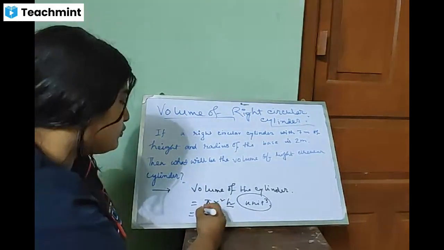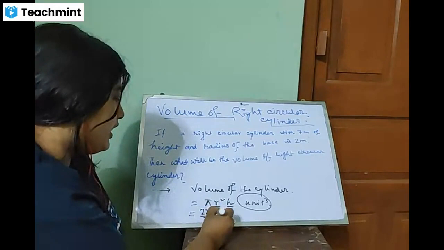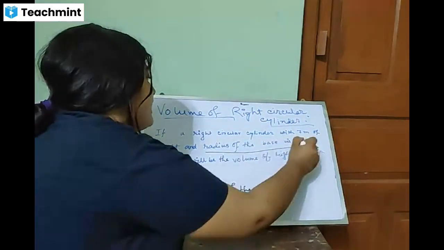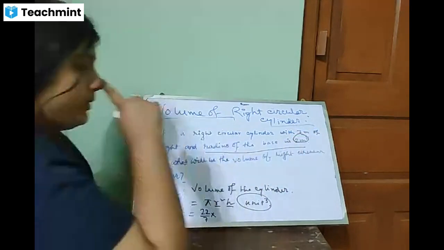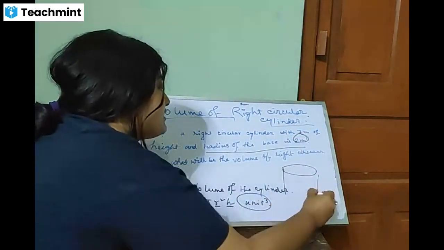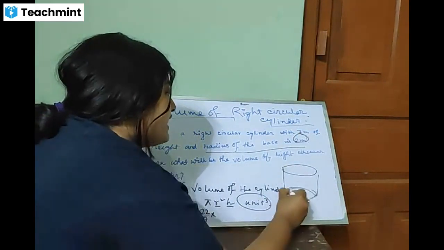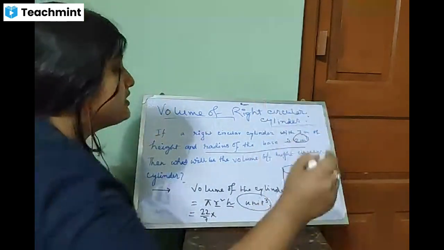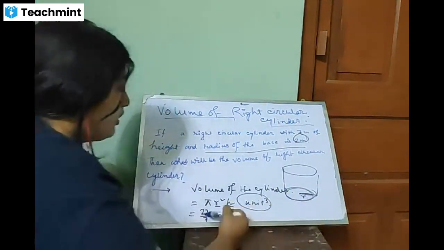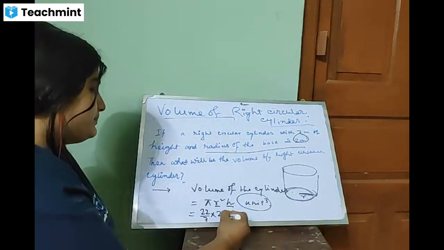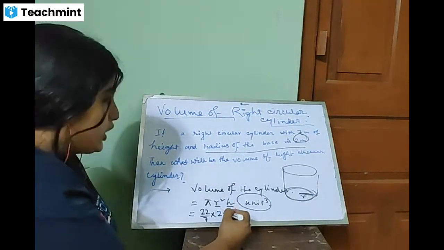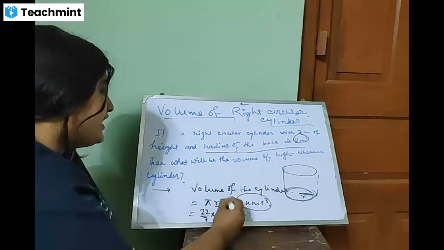Here we put 22/7, and r, the radius of the base of the cylinder, is 2 meter. So r is 2 meter, squared, then we multiply by h.